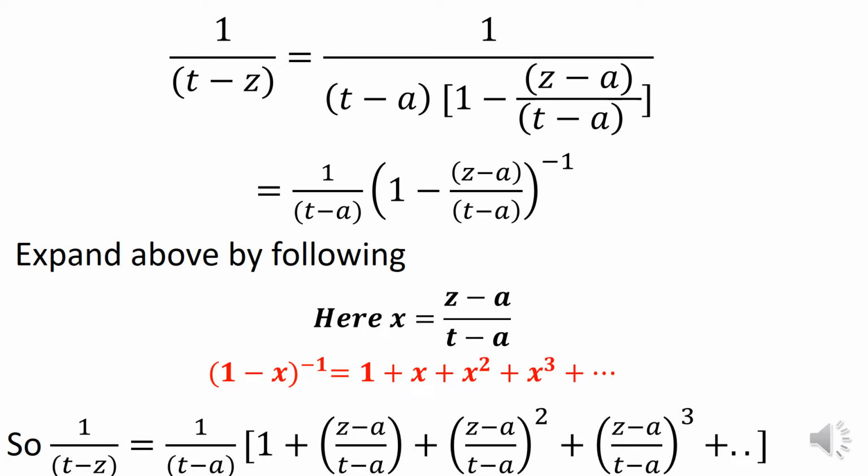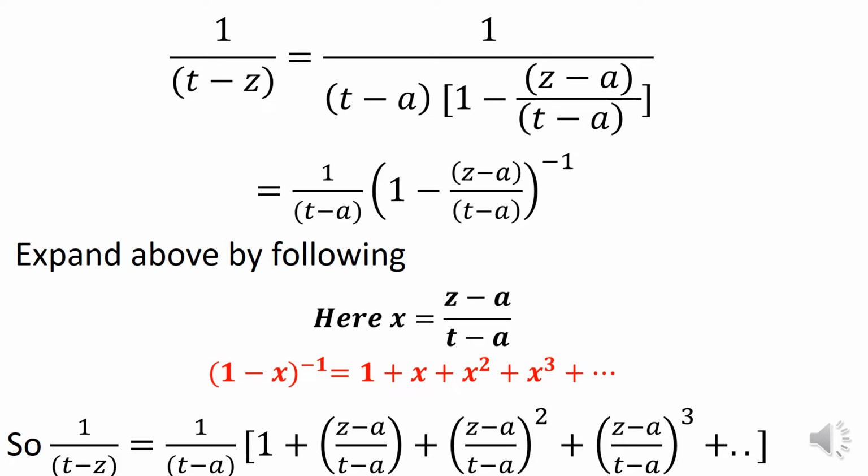So 1 by (t minus a) into [1 minus (z minus a) divided by (t minus a)] with power minus 1. Now expand the relation. Here we can do the expansion by this formula: (1 minus x) to the power minus 1 is there. This is a formula, and the expansion of this will be 1 plus x plus x square plus x cube. So if you compare, here x will be this one.